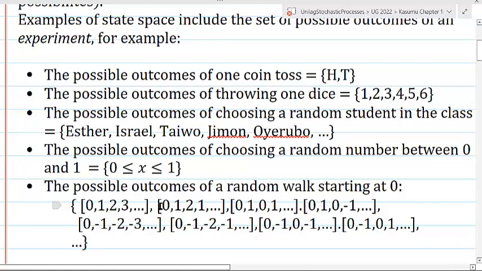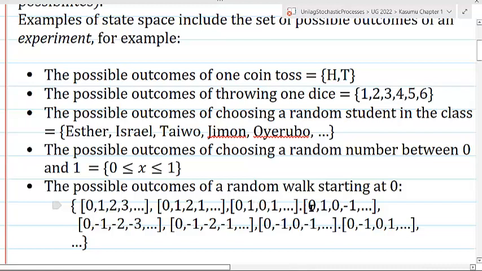So the first 2 give me all the possible outcomes where the first 3 are 0, 1, and 2. As I said before, if I go from 0 to 1, the next possible step can either take me to 2 or to 0. Now I've already looked at all the possibilities where I go to 2. Let's look at all the possibilities where I go to 0. That would be 0, 1, and 0. So if I reach 0 on the second step, on the next step I can either go up to 1 or down to -1.